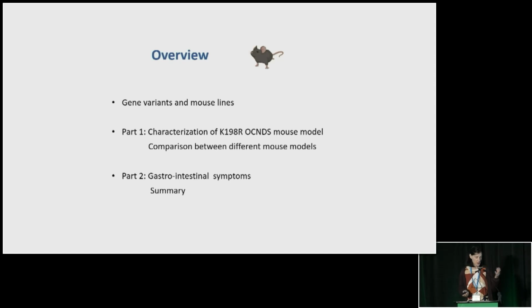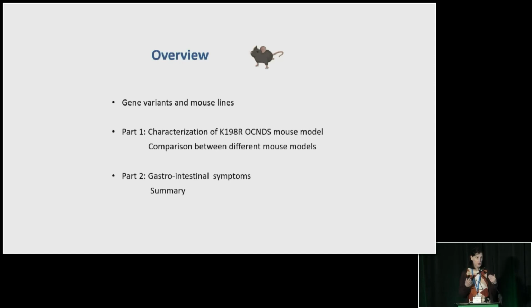A couple of sections. First, an introduction on the mouse lines that we have and why we have these mouse lines and not others. Then I will give you the data on the first mouse line that we have characterized, which has worked pretty well and is a good model, we believe, to study the condition.